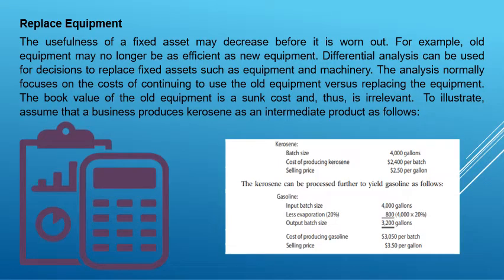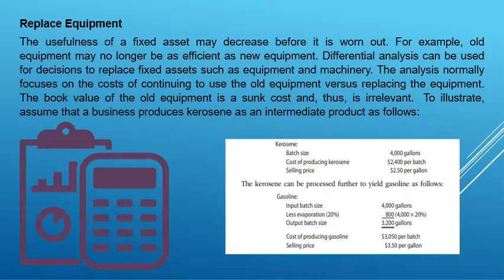Differential analysis can also be used when a company will replace an equipment. The usefulness of a fixed asset may decrease before it is torn out. For example, an old equipment is no longer as efficient as a new equipment.